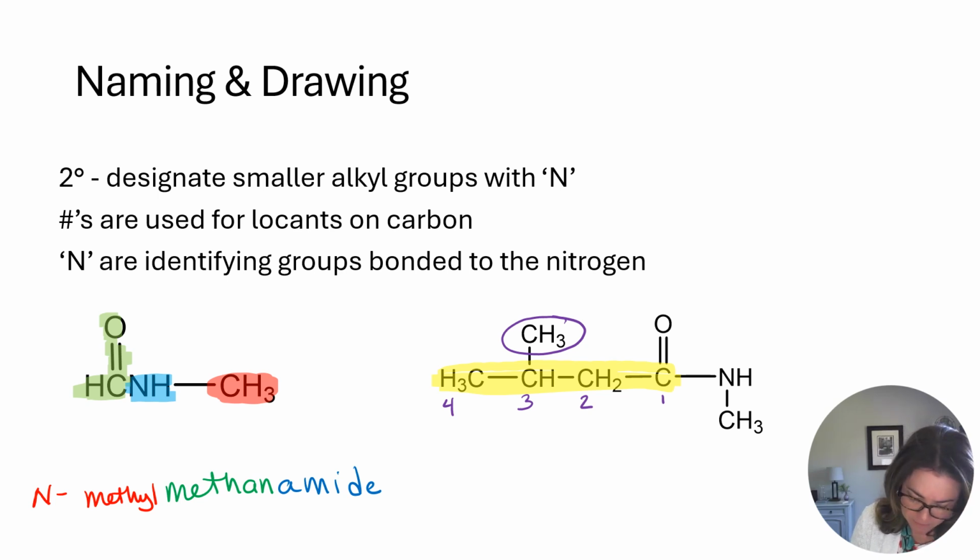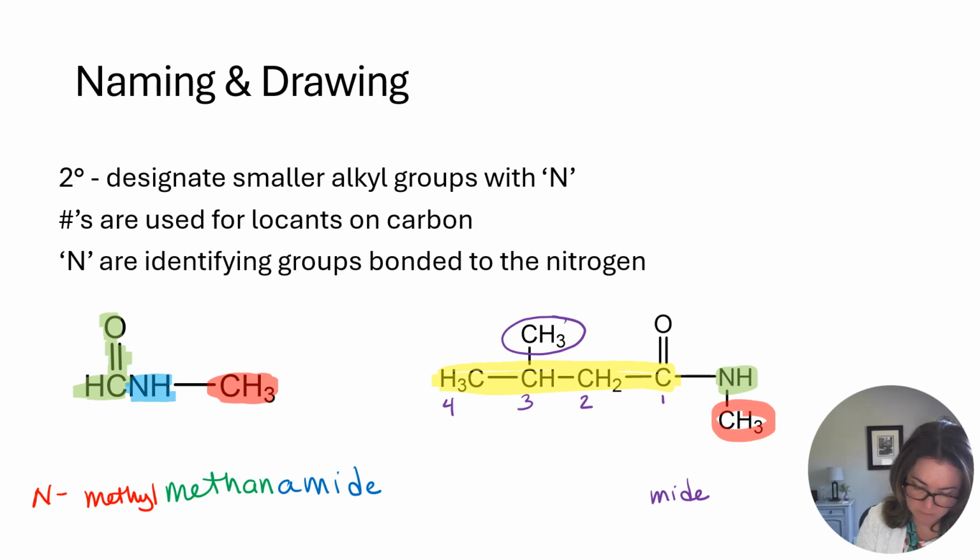All right, let's identify my amine. I have my amine here, and I do also have a methyl group on that amine. My parent, I'm going to do in purple, is going to be what would have been butanoic acid, 4 carbons. So I'm changing this to butanamide.